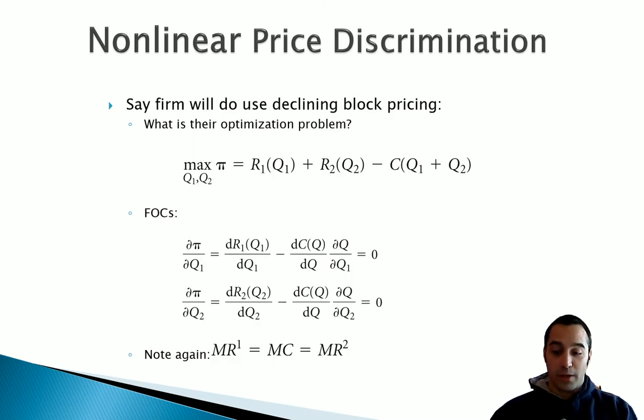So all I ever want you to know about nonlinear price discrimination is it's the same math, right? Imagine we have people who are going to buy goods, either in large amounts or small amounts. We could say we have small amount consumers and large amount consumers, and we're going to set marginal revenue equal to marginal cost for both groups.